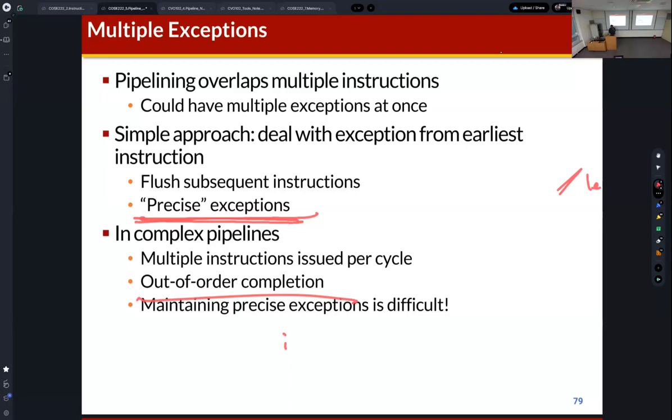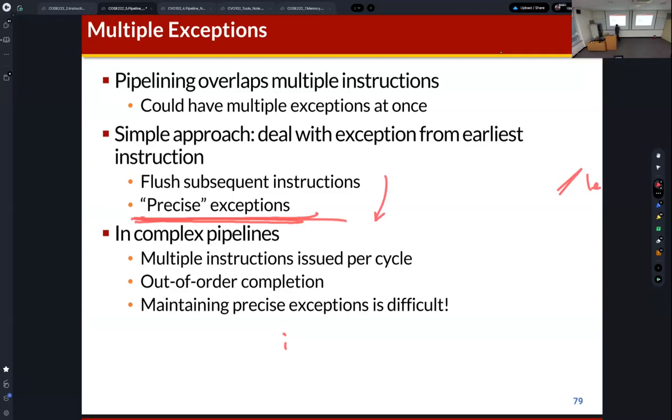But most processors actually support precise exceptions. So you need to remember that when multiple exceptions are detected, the exceptions need to be handled in the order of instructions. Actually, this is very important.